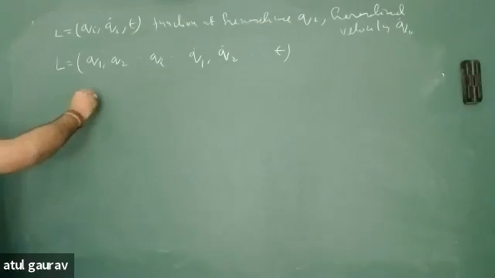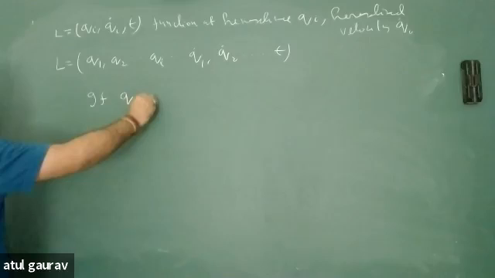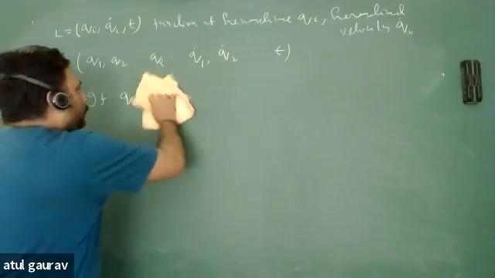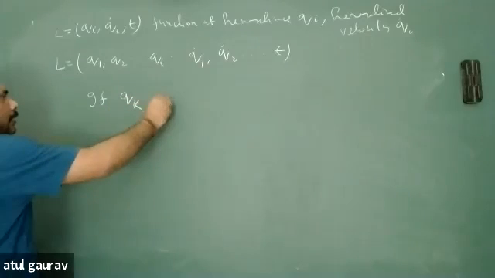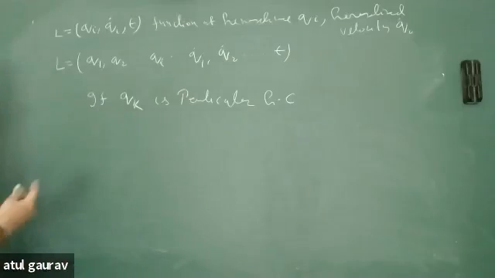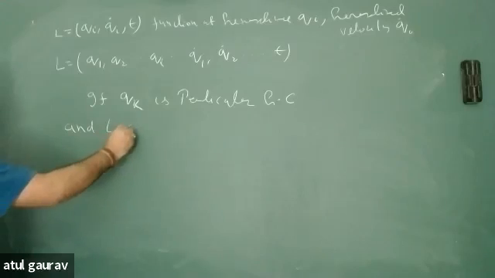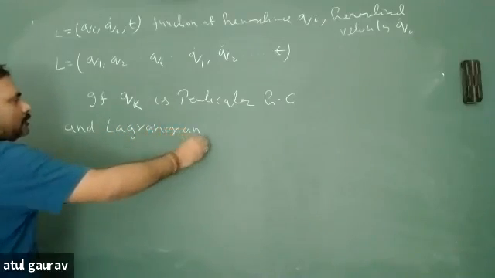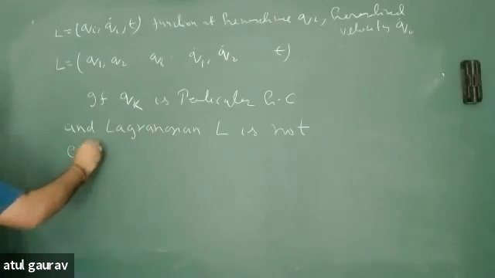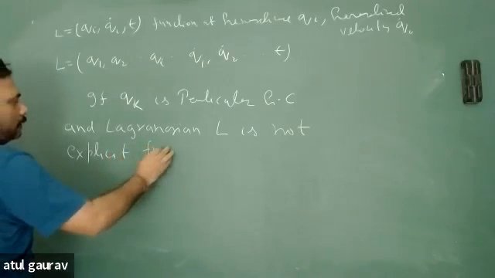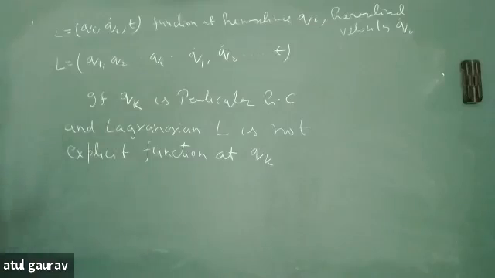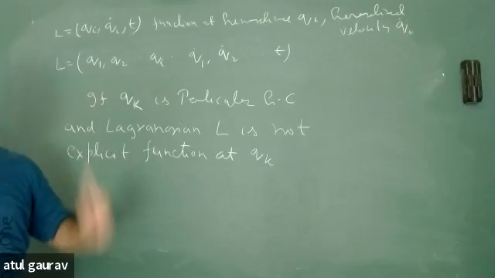Now, if Qk is some particular generalized coordinate, and the Lagrangian L is not an explicit function of Qk, but it is an implicit function of Qk, don't worry.